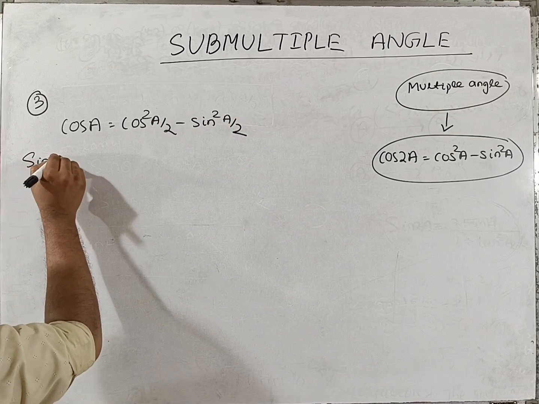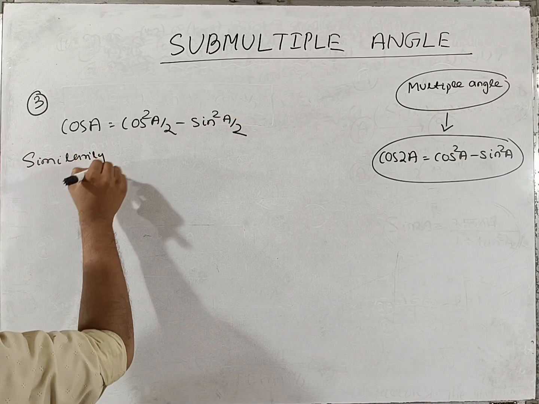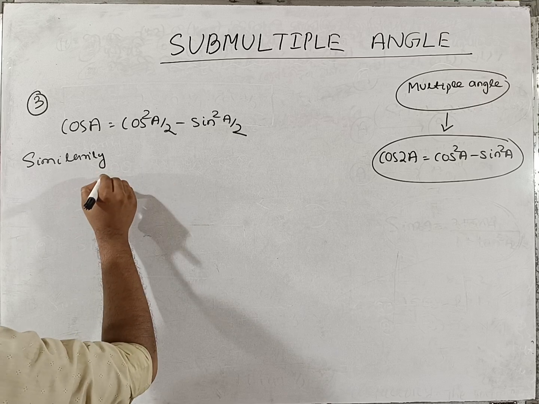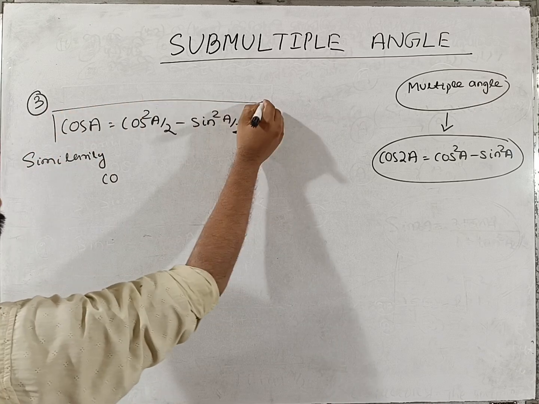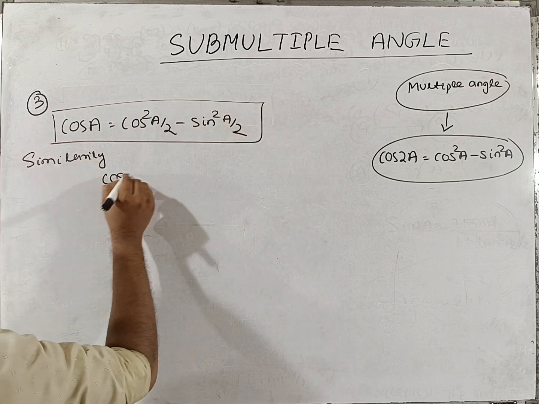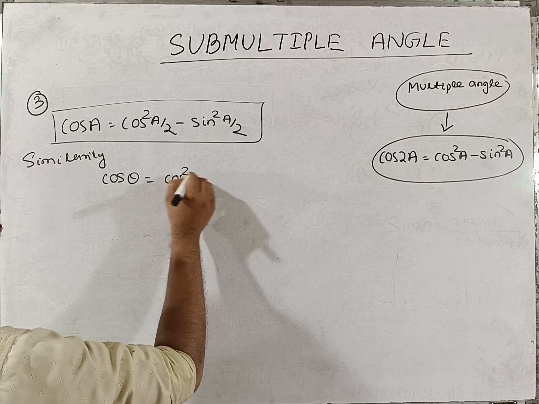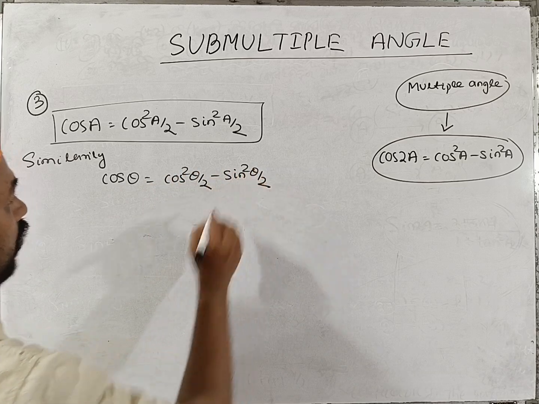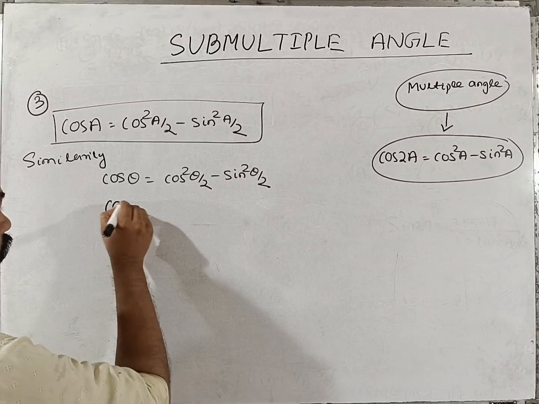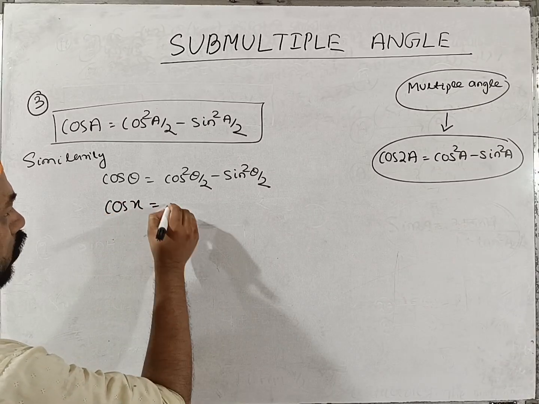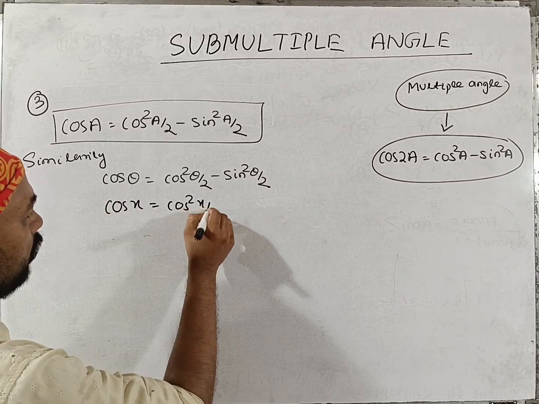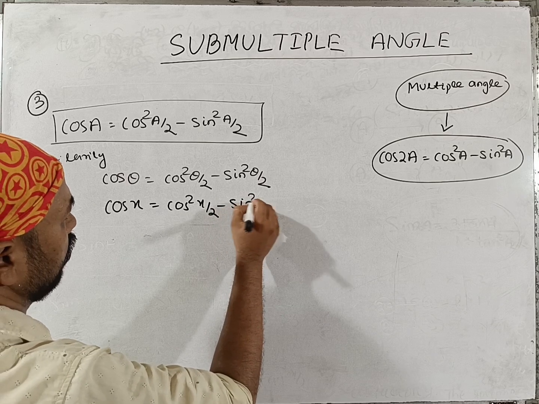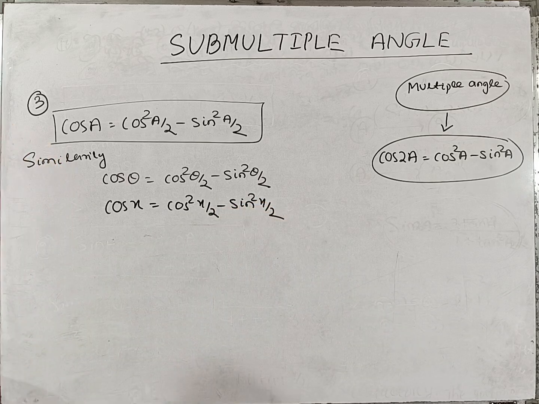Similarly, cos theta is equal to cos square theta by 2 minus sin square theta by 2, and cos x is equal to cos square x by 2 minus sin square x by 2.